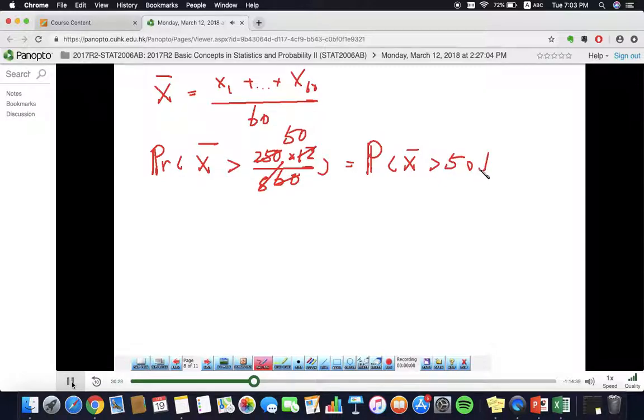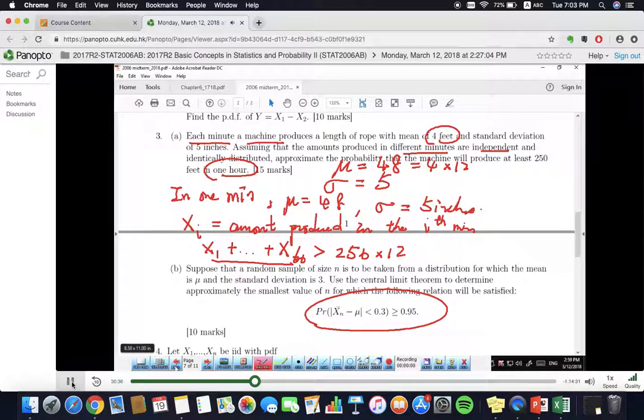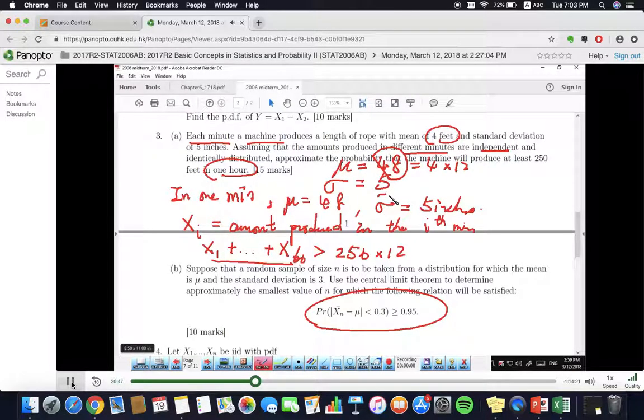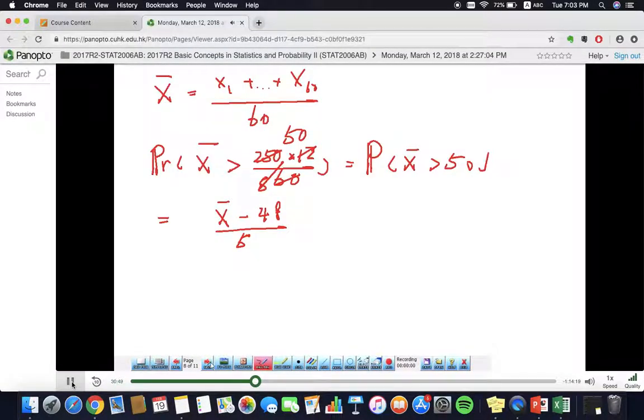For sure we can use the central limit theorem. And we have x bar minus the mean, which is 48 here, and then divided by the standard deviation, which is 5. And bear in mind, you still have to divide something further: dividing by the square root of 60.